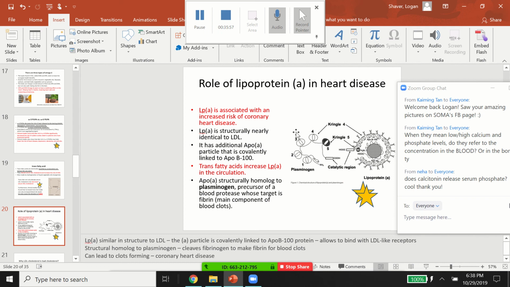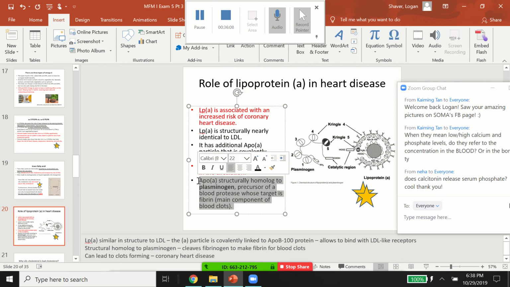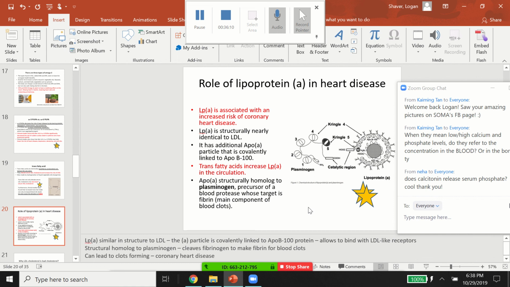Okay? Now, it's structurally identical to LDL. So LDL and LPA are very, very similar in structure, right? But the difference is this thing down here, this ApoA thing. So it's nearly identical, and nearly is a key word there, because it has this additional ApoA particle attached to it.